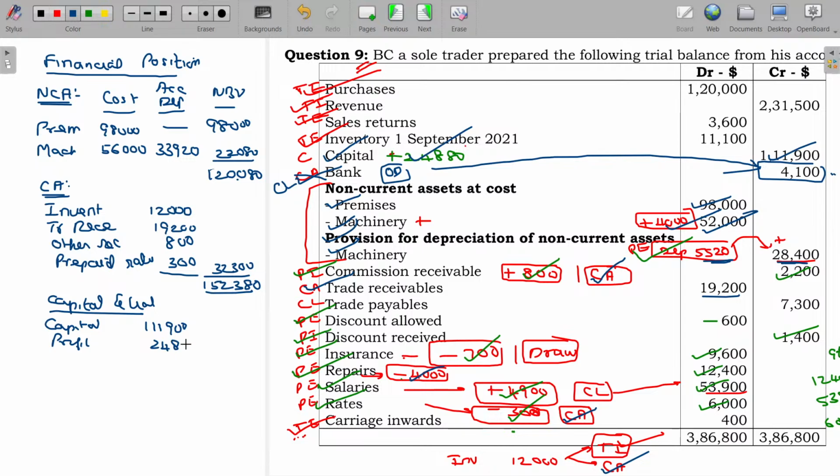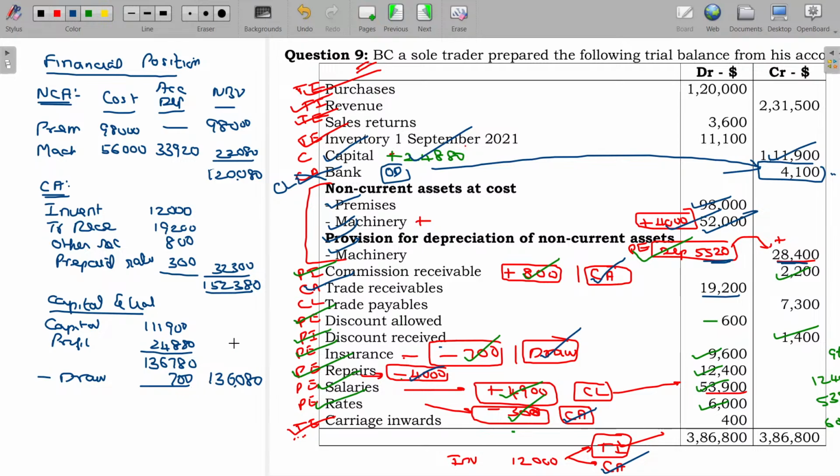So 1,11,900 plus 24,880, this value being 1,36,780. And here drawings should be subtracted. Drawings being 700 to be subtracted. So the ultimate capital balance being 1,36,080.